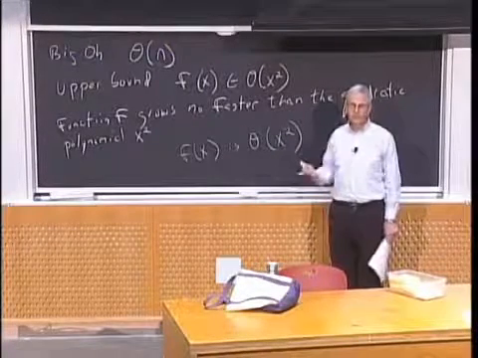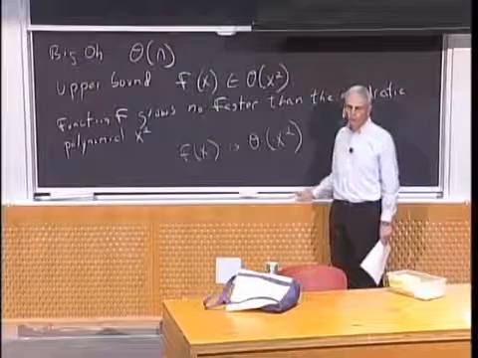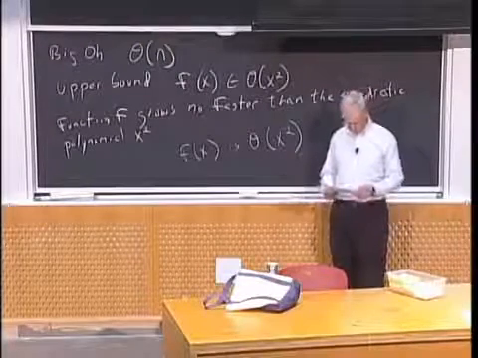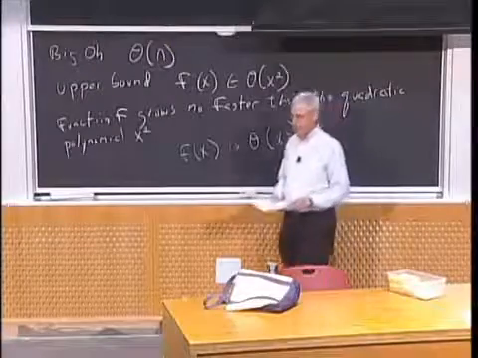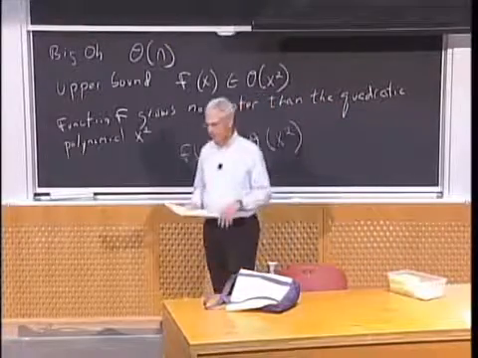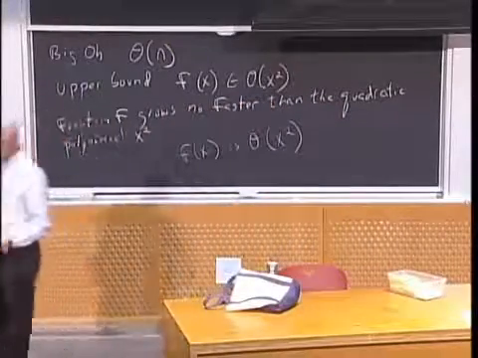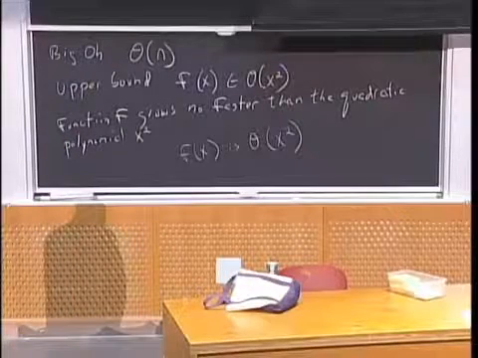And that's the way we're going to use it here. We're not going to try and get too formal. We're going to do what people actually do in practice when they talk about complexity. All right, let's look at another example now.